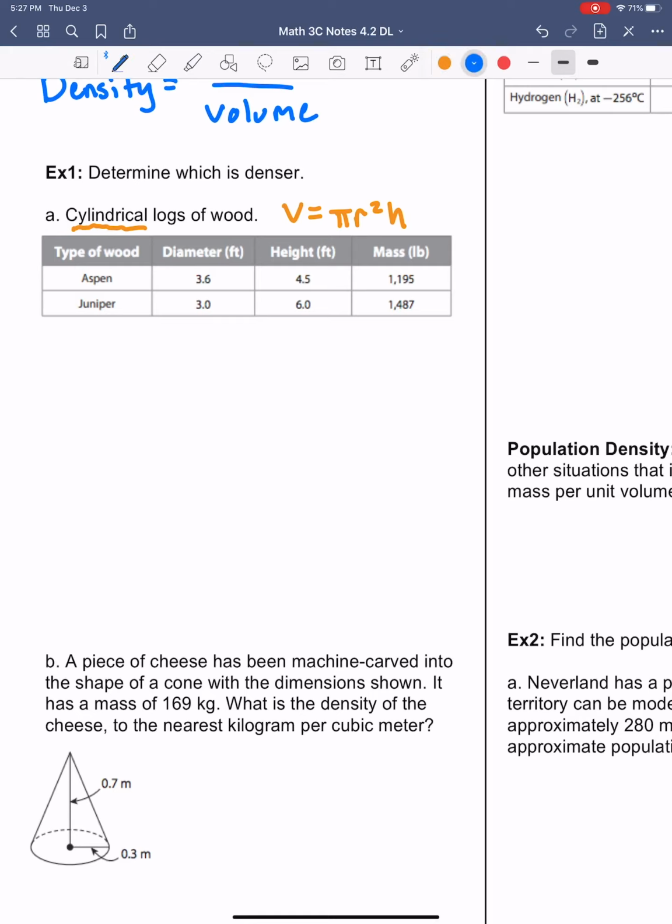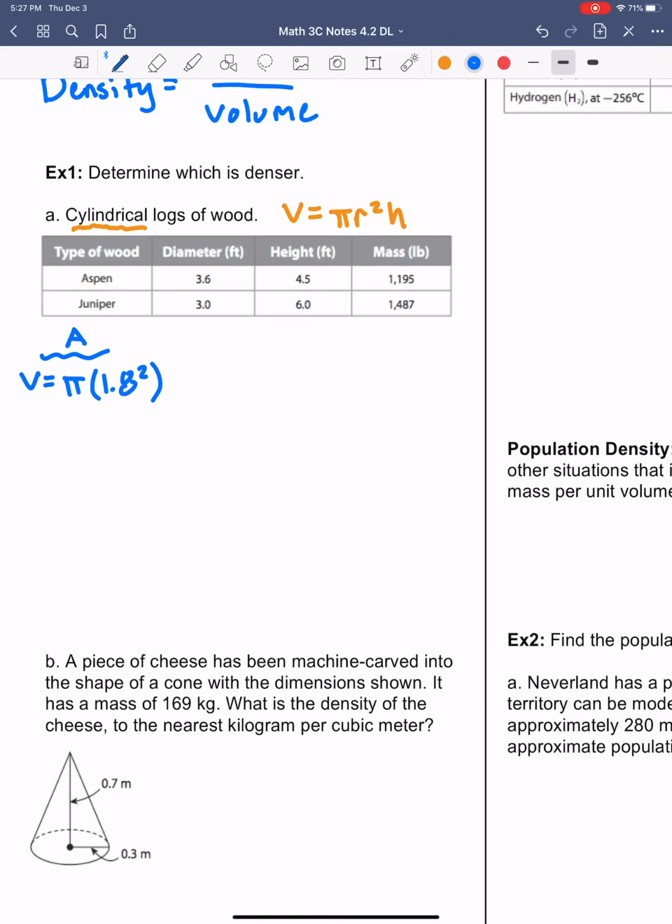So I'll start with the aspen logs. So we've got V equals pi times the radius squared. They didn't give me the radius, but they did give me the diameter right here, which is 3.6. So I divide that by 2, and I get 1.8.